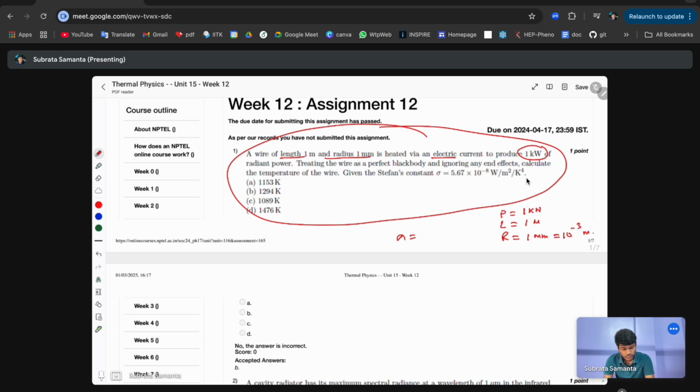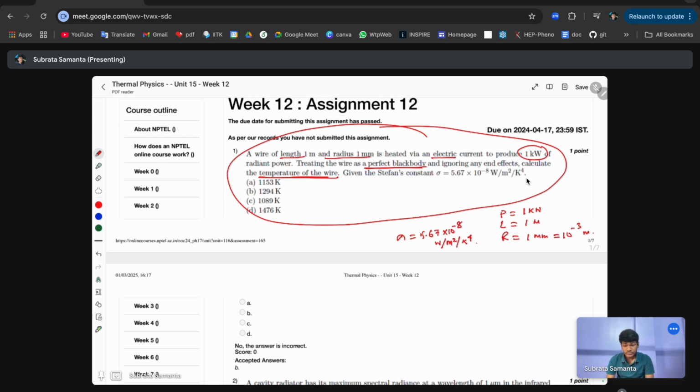The Stefan constant is 5.67 times 10 to the power minus 8 watt per meter square per Kelvin to the power 4. You have to calculate the temperature of the wire, and you have to assume that your wire is a perfect black body.